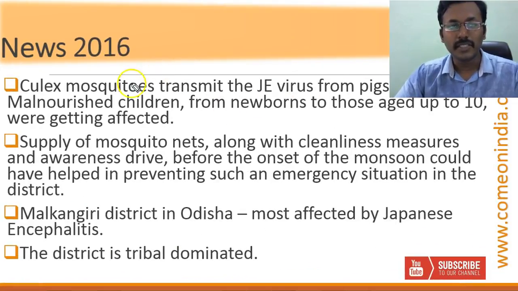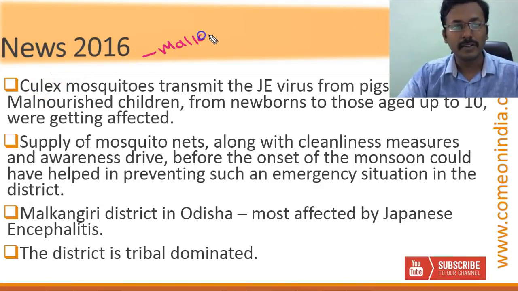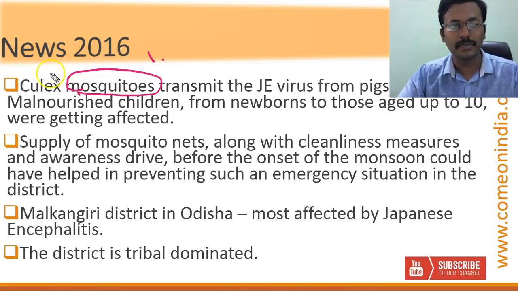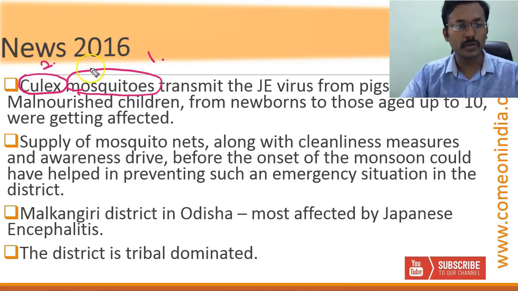So already we discussed Malkangiri district in Odisha is severely affected because of the Japanese encephalitis infection. It is spread by mosquito. So it's a mosquito-borne disease, which is one of the important points for the prelims examination. Second point is Culex mosquito is responsible for transmitting the Japanese encephalitis from pigs to humans.